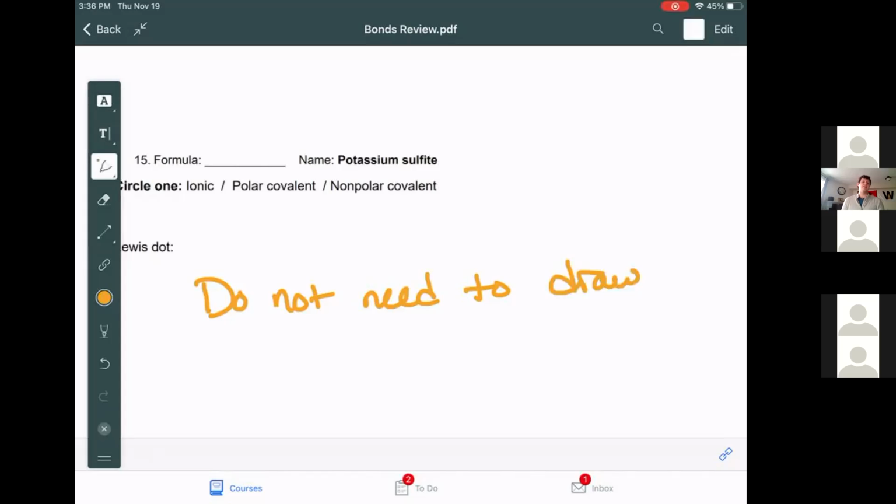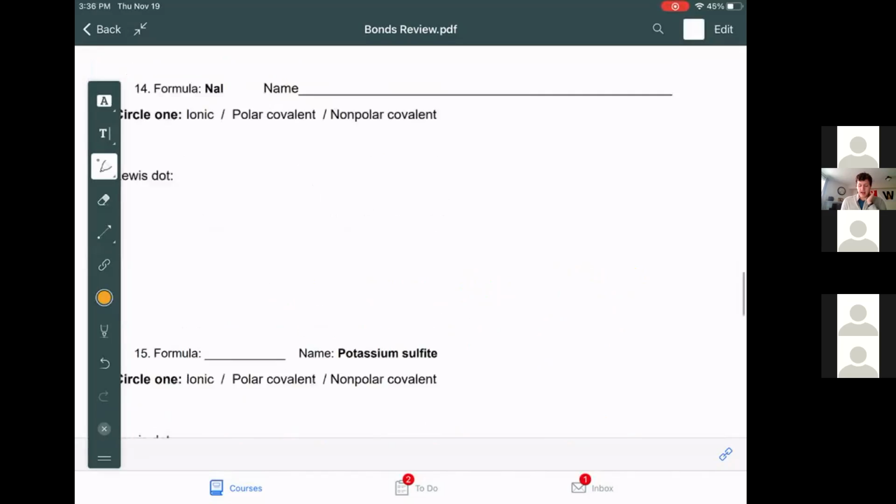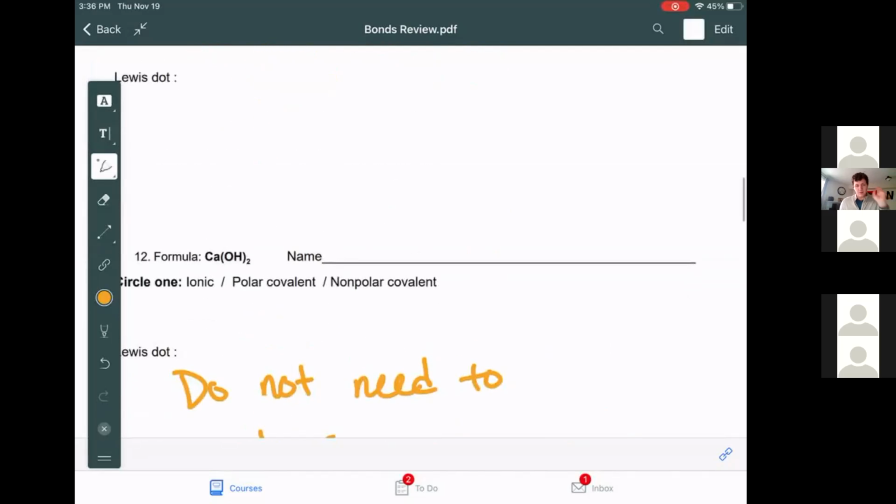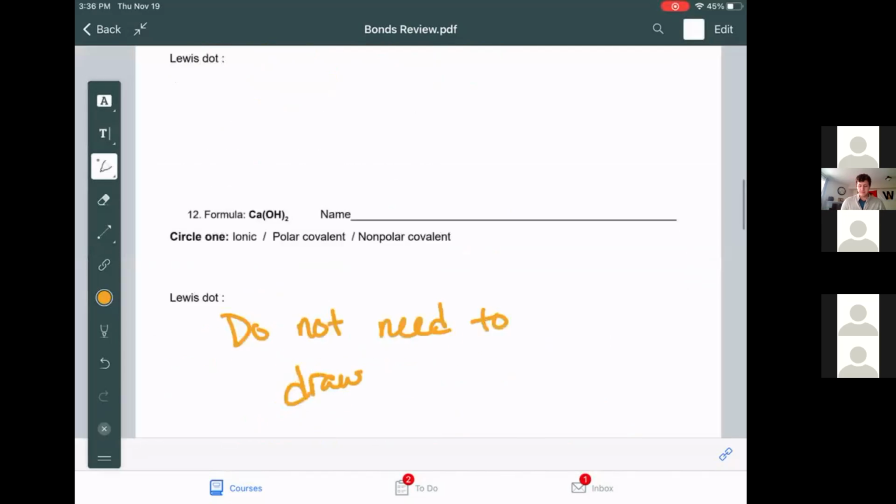That is because they are polyatomic ions. So they come from your ion sheet, and they are going to make it a lot more difficult to draw just because they have ionic parts and covalent parts, and we just don't need to worry about that right now. If you want to know how to draw it, the answer key does show them drawn, but you do not have to worry about that at all for this.